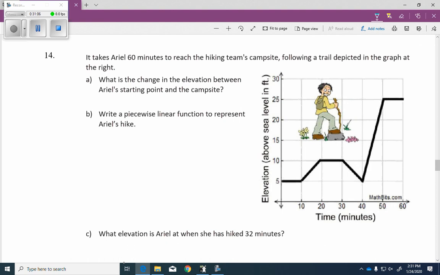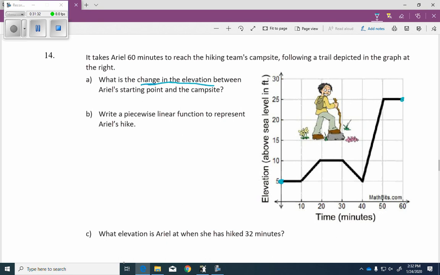Number 14, it takes Ariel 60 minutes to reach the hiking team's campsite. And we could see that from the beginning of her trip to the end of her trip, 60 minutes has passed. And she's following a trail that we can see in the graph. What is the change in elevation between her starting point, which is here, and the campsite, which is here?